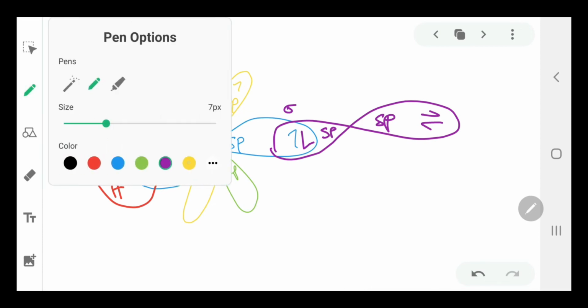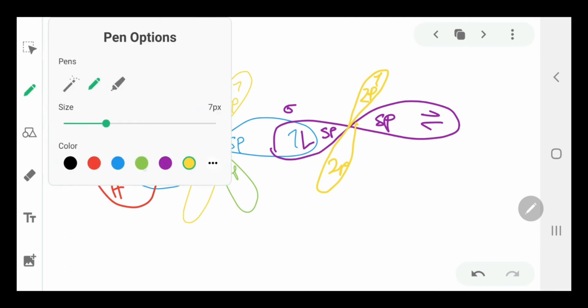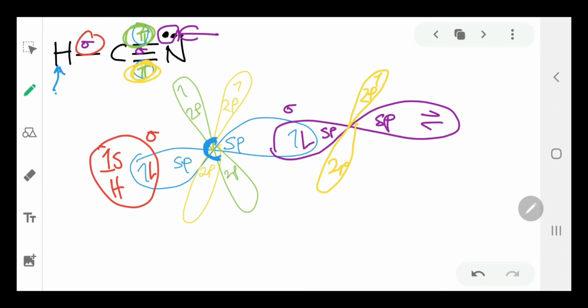And we have one pi bond, so we're going to draw it like this, parallel to that, 2p, okay, 2p. And then the other one is going that way, also 2p, and you have that one. So this one is not complete yet. Why? Because you need to show sideways overlapping.